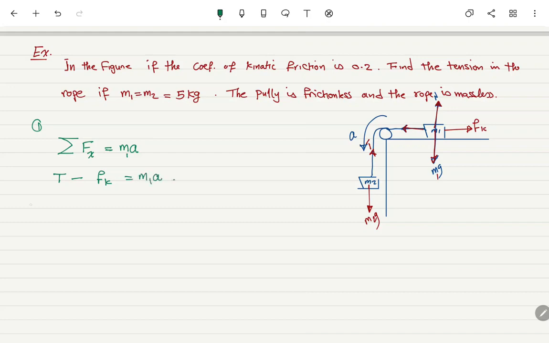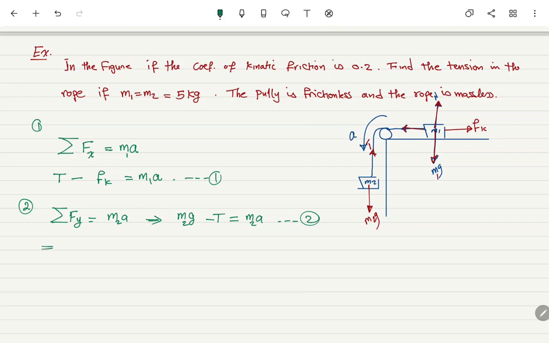Now on system 2 we have sum of all forces on y equal to M2a, or we can say that the force with the acceleration, you start with it. So M2g minus tension equals M2a. This is equation number 2, and this is equation number 1. You add both equations together.